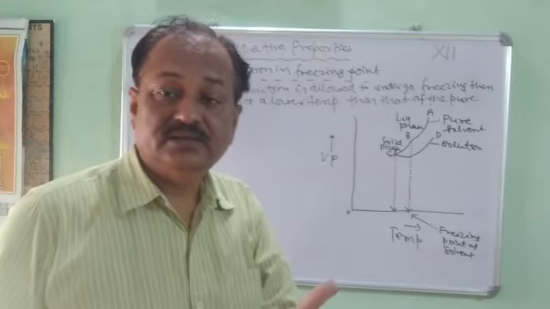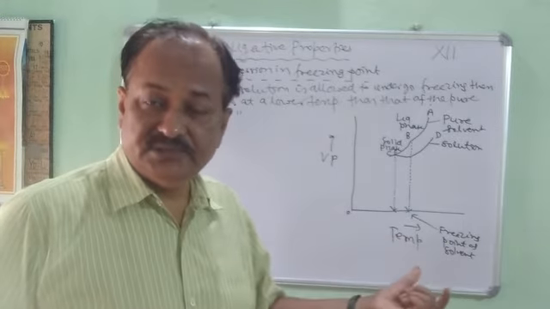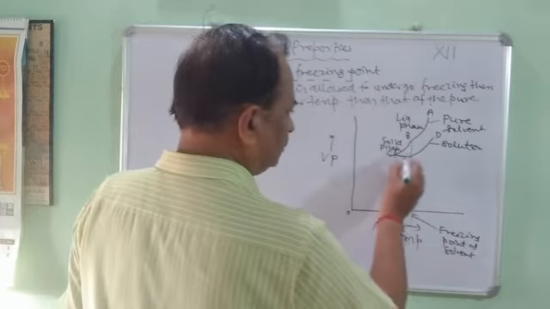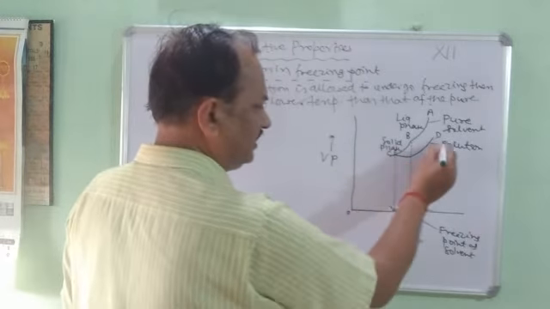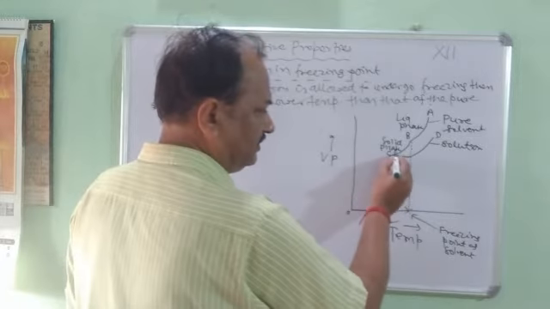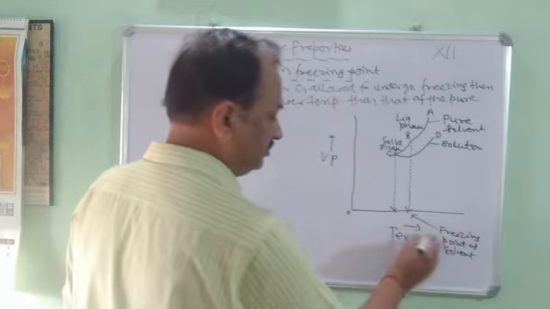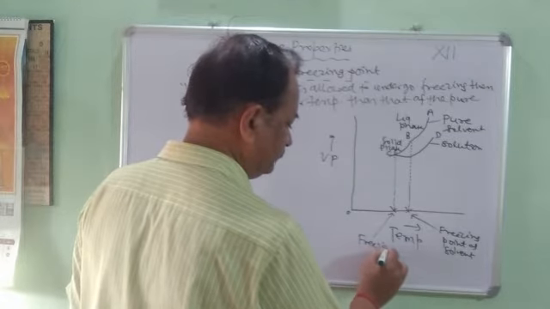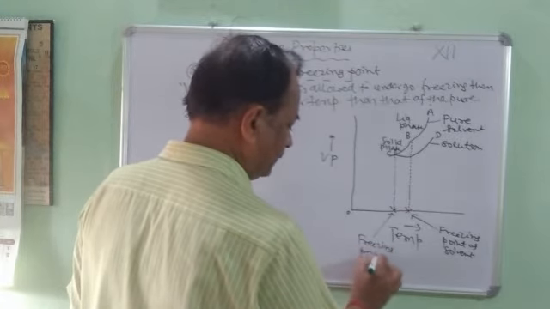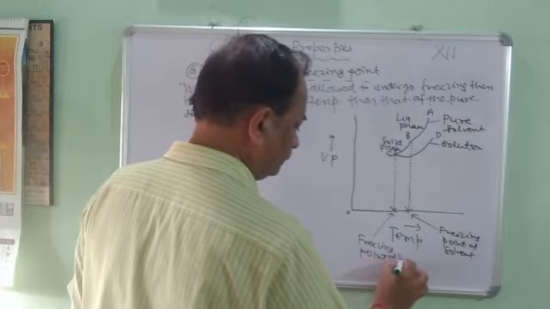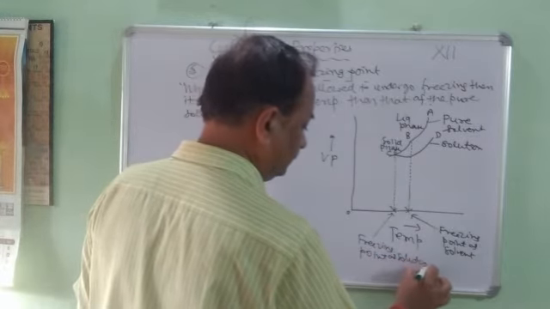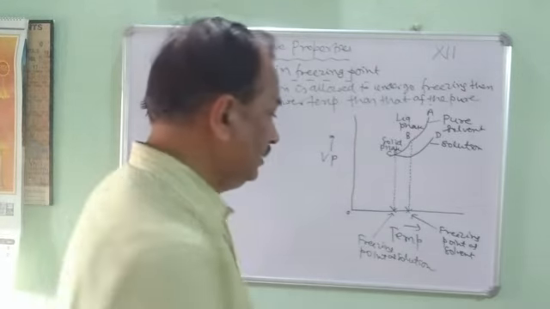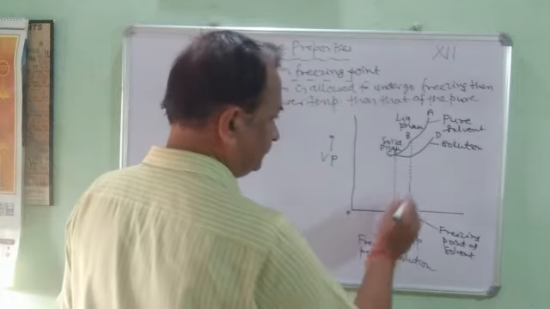There is the comparison, how it undergoes freezing at a lower temperature. And so D to E indicates the solution, and at this point it freezes. So this is the freezing point of the solution containing the solute.